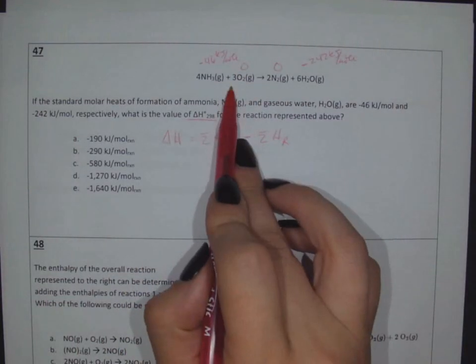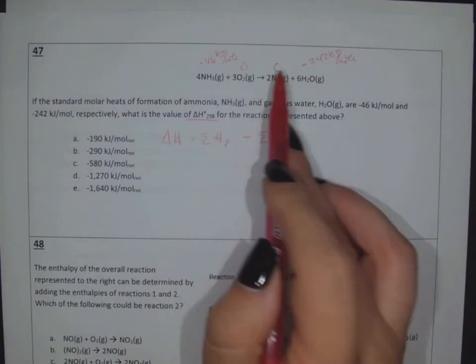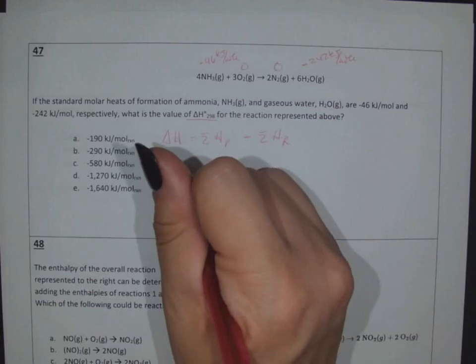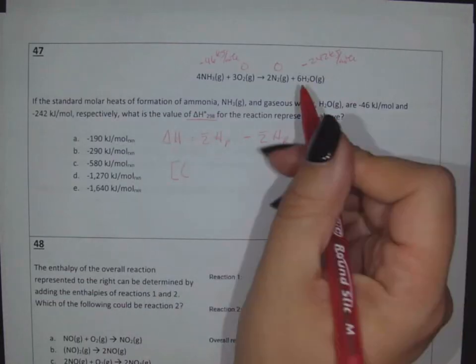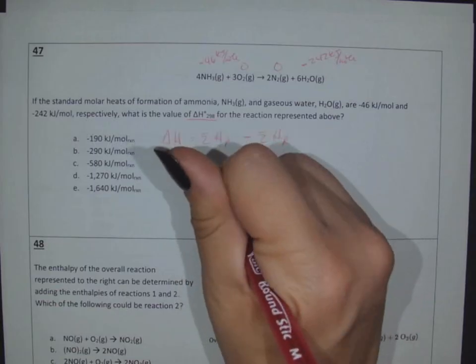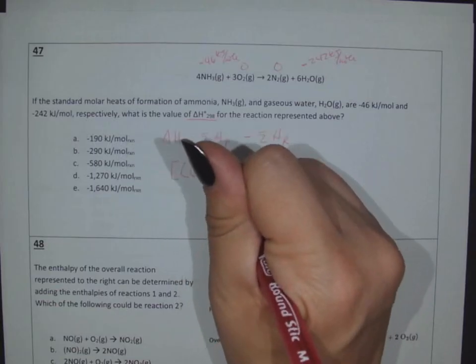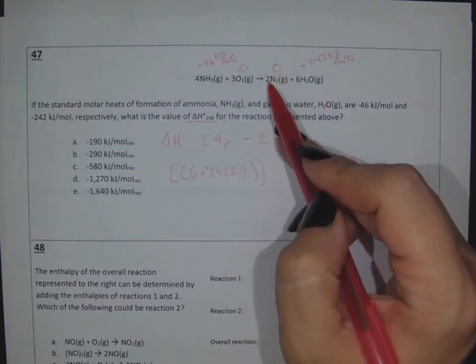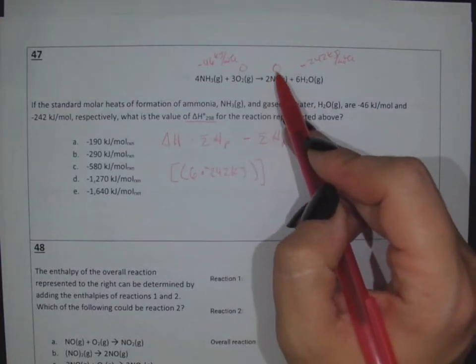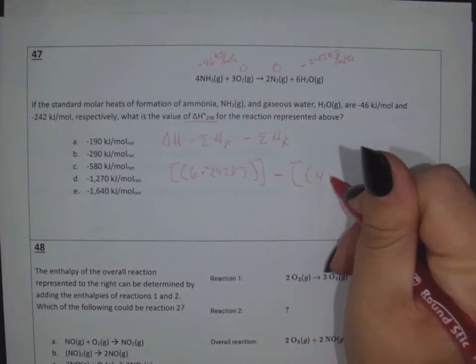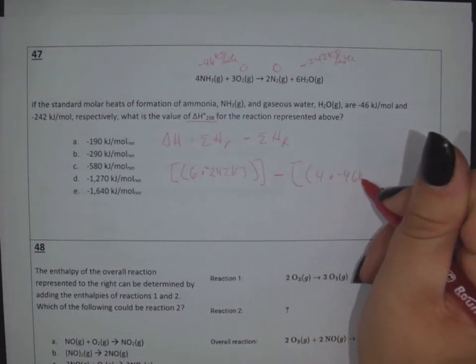So 3 times 0 is 0, 2 times 0 is 0. For the remainder of this, my products: I have 6 moles of H2O, and each of those moles was negative 242 kilojoules. Then I'm not going to do the 2 plus 2 that are 0, and I'm going to subtract that from my reactants: 4 times negative 46 kilojoules.